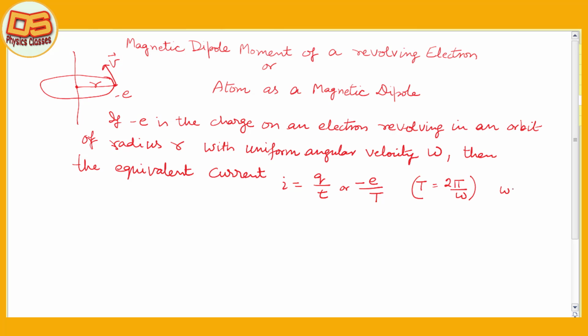Omega is equal to 2 pi upon T. Then I is equal to minus e upon T, which is equal to minus omega e upon 2 pi. This is the current.